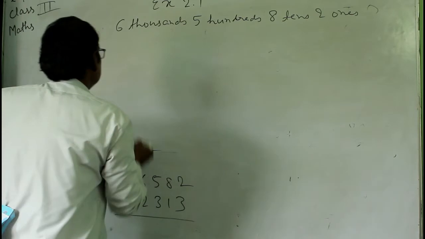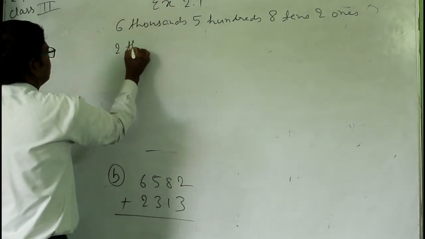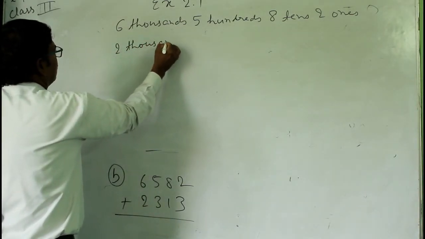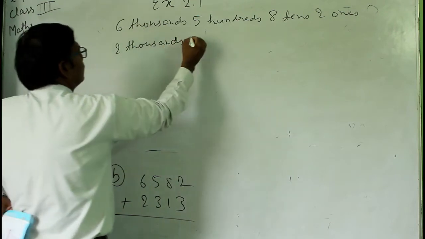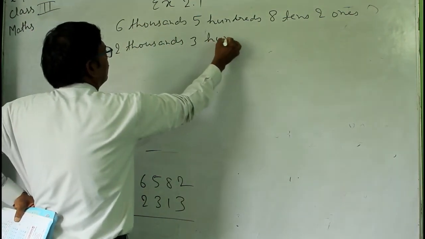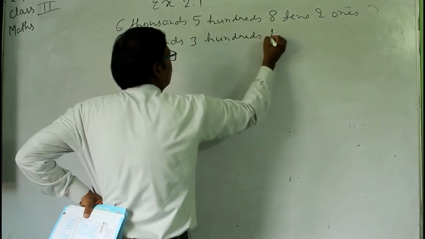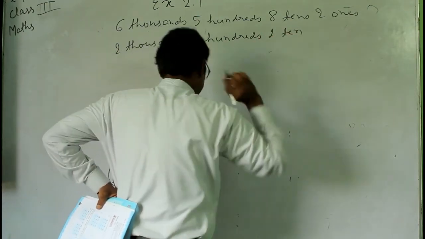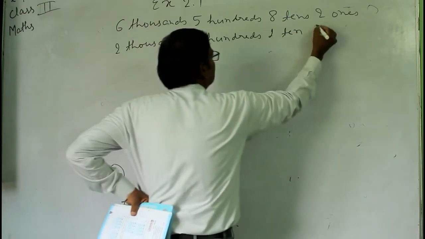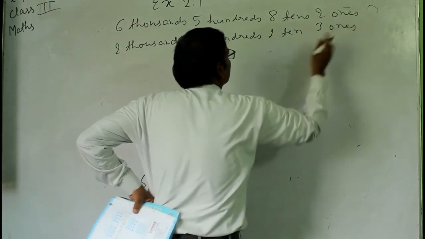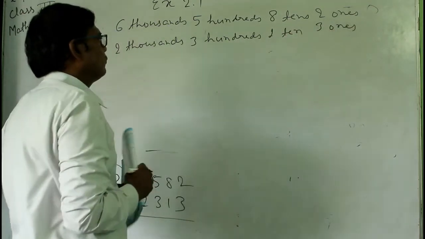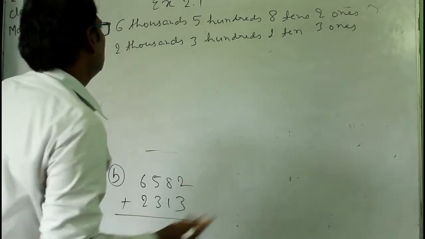Next number is 2,000s, hundreds and 1 ten. Okay, and here 3 ones. Here we will write only 1 ten because we have only 1 ten.